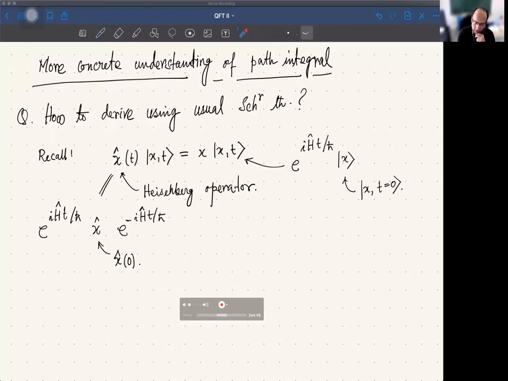This implies that at a particular time t, the Heisenberg operator has eigenvalue x.